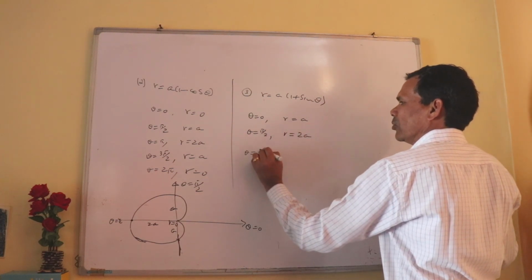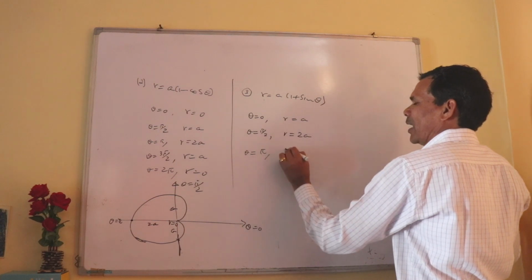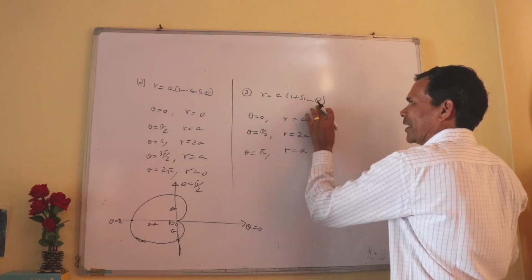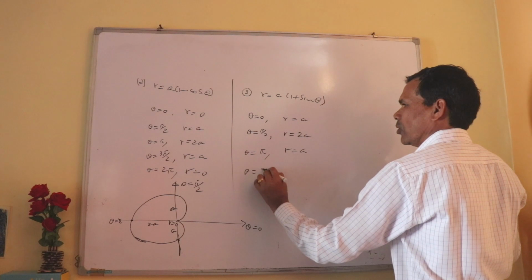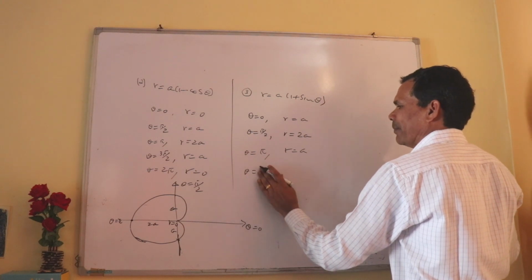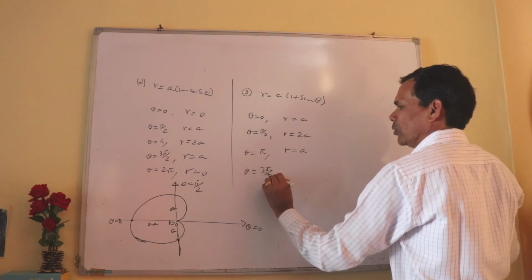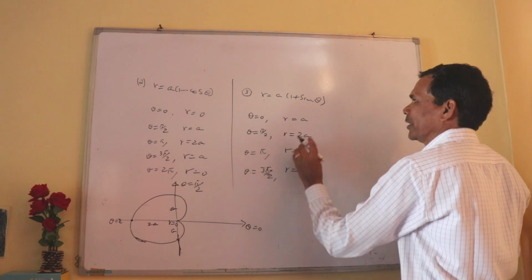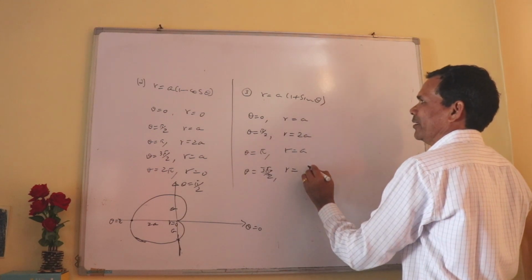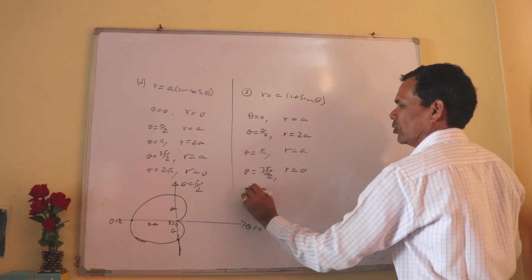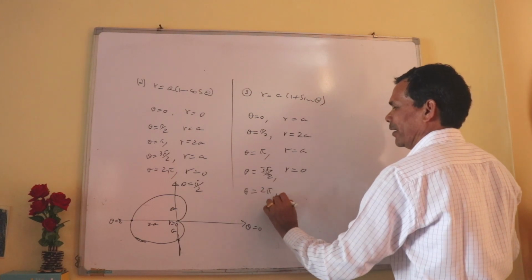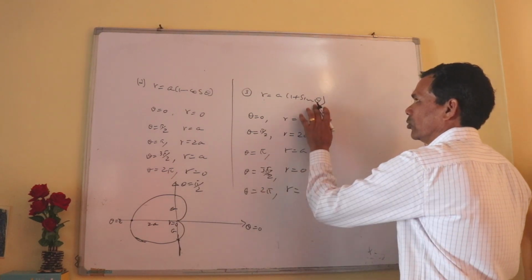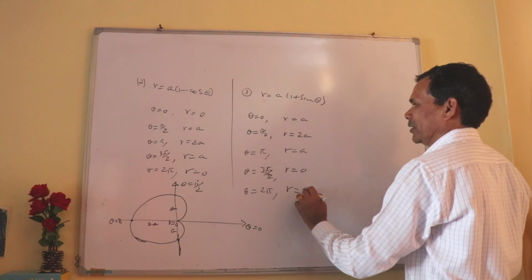Then theta is equal to pi, r is equal to a, because sin pi is 0. Theta is equal to 3 pi by 2, sin is minus 1, so you are getting r is equal to 0. For theta is equal to 2 pi, r is equal to a.